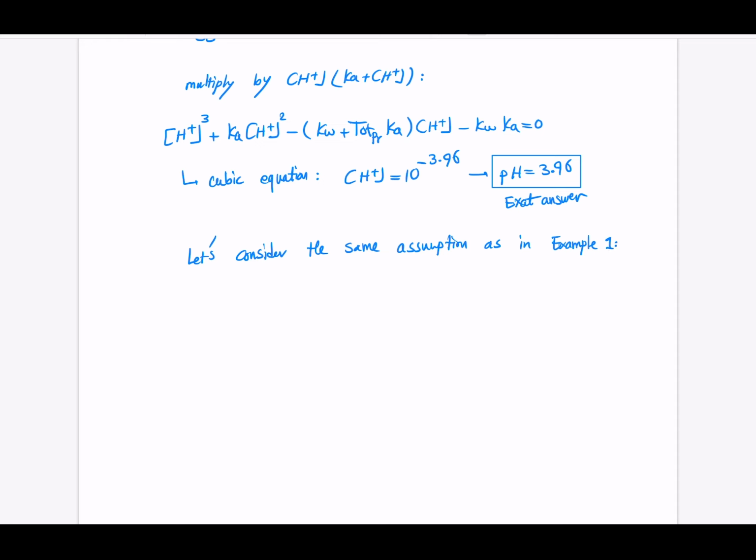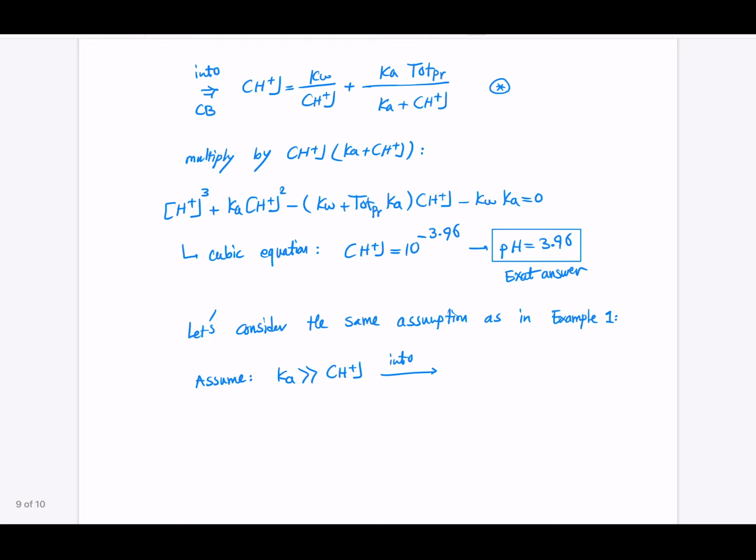What we did there was we assume that Ka is way bigger than H plus. So that was our assumption. Now we insert this into this equation. So basically what we do is simplifying this term, going from a cubic equation to a quadratic equation.